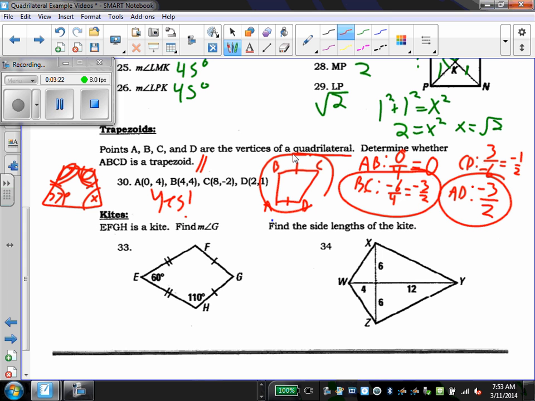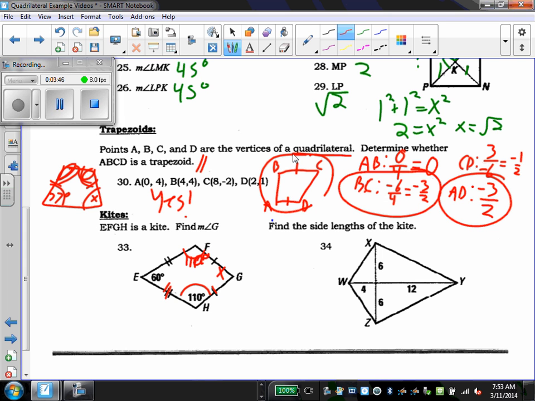For a kite, what we need to remember is that two of the angles are the same, two of them are different. So, for example, here's the angle between the two sides that are different, which means that that angle and the one across from it are congruent, making this one 110. And we need to find this angle here.